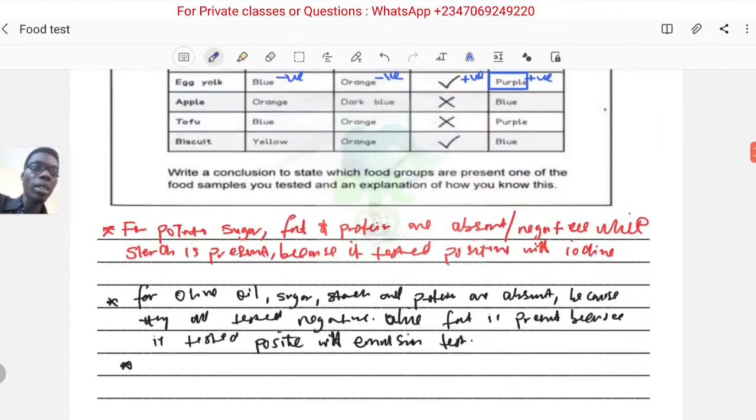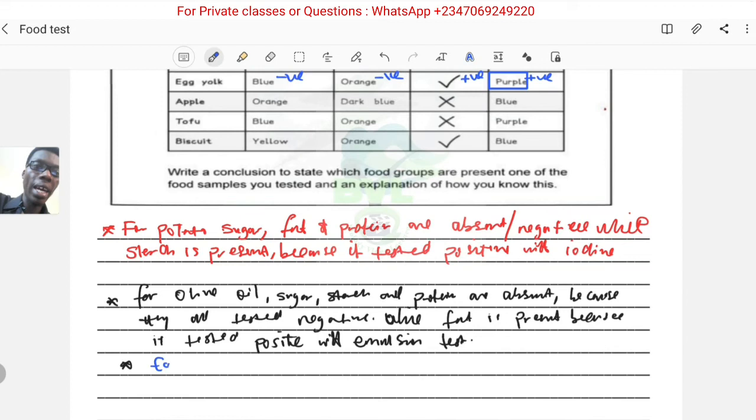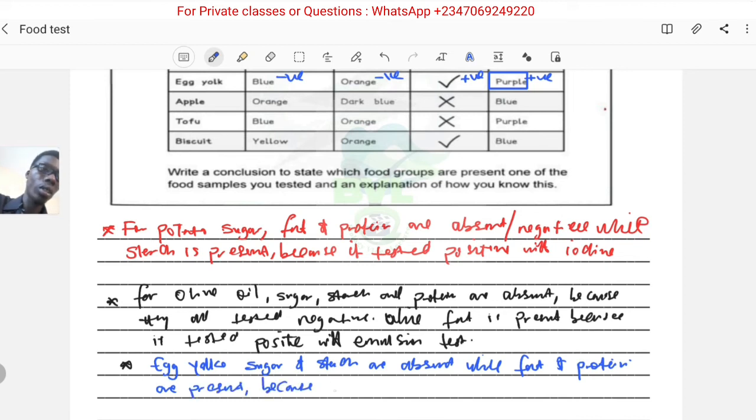So from that, we can say that for egg yolk, sugar and starch are absent, while fat and proteins are present because it tested positive for both.